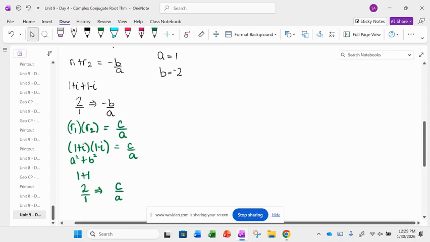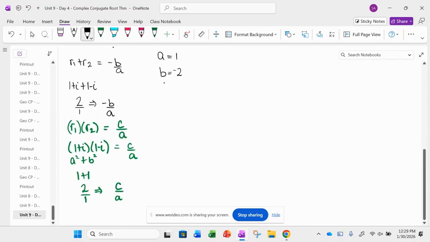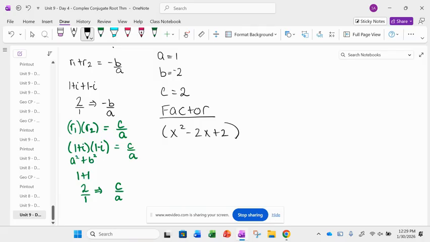So go back up here. I know a is 1, b is negative 2. What is c? 2. So the factor is going to be x squared minus 2x plus 2. That's the factor that gave us 1 plus i and 1 minus i as our roots.